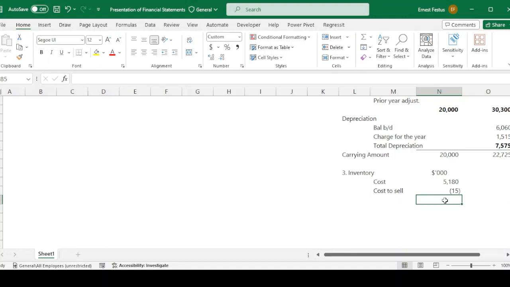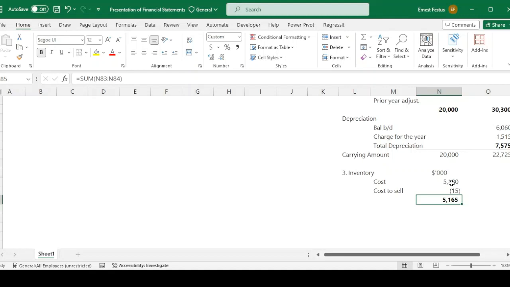And then I can add it to my cost, the original cost of the inventories. So I have alt equals, I'll click enter, and that is my net realizable value.